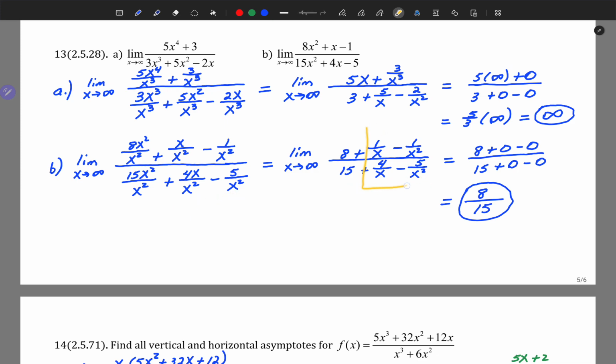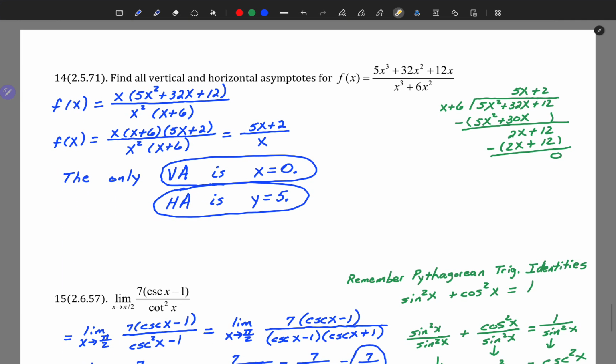Now, I knew every single one of these terms that had an x left in the denominator has to go to 0. That's what I did in the next step. I take the limit as x approaches infinity. All of those that had the x in the denominator become 0. The only ones that didn't have the x in the denominator are your leading coefficients, the 8 and the 15, which of course leads us to our final answer, 8 over 15.